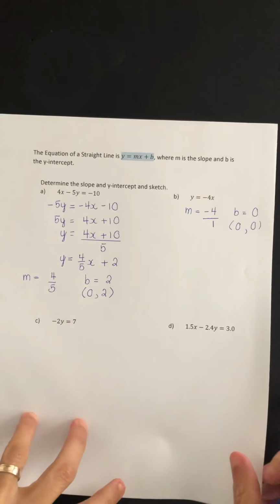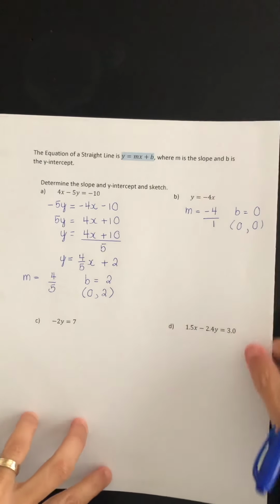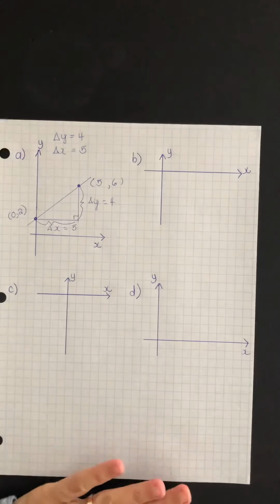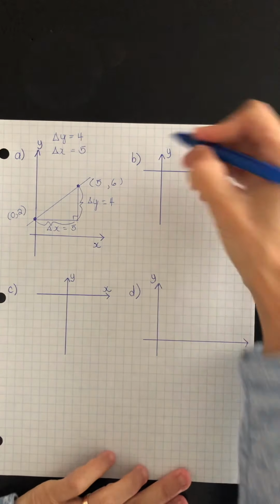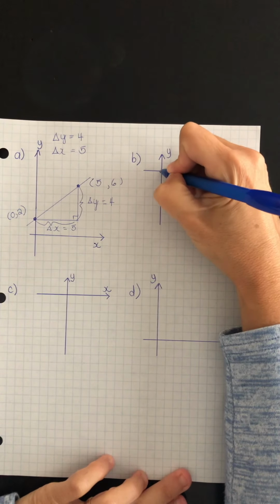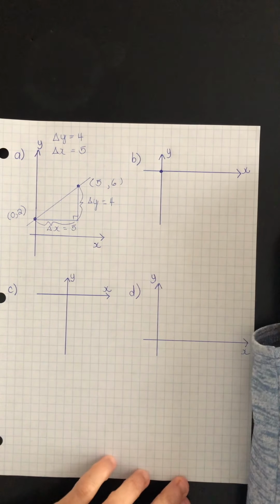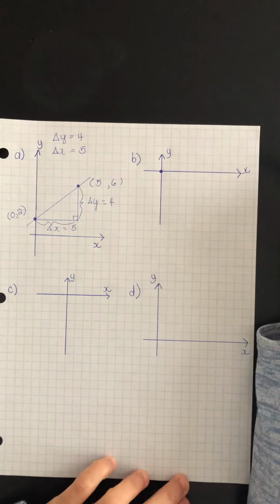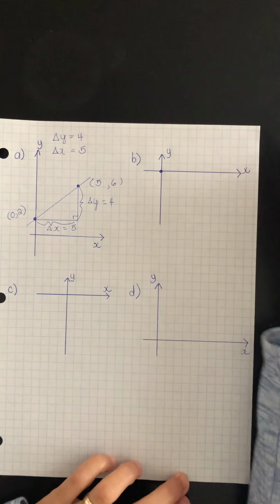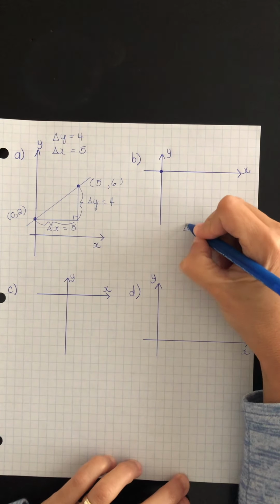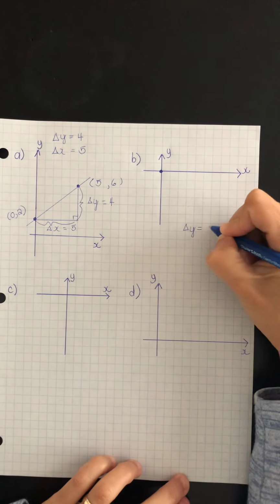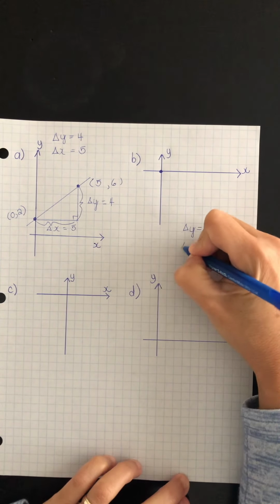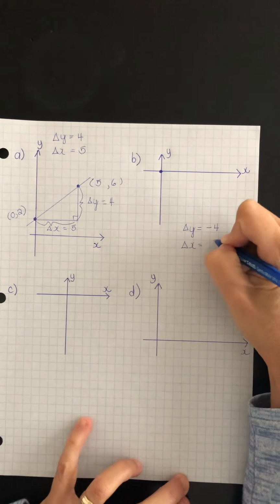So this is the sketch to accompany y equals -4x right here. So we start from the origin, since b was equal to 0. And look, that's called an x-intercept and a y-intercept. And now we need to apply that slope. So it was, remember, -4 over 1.